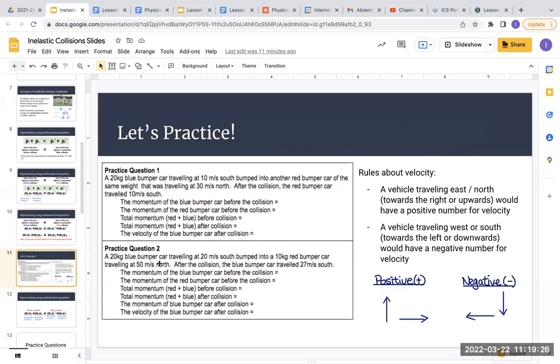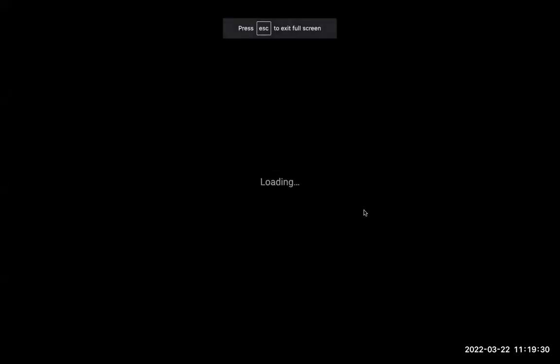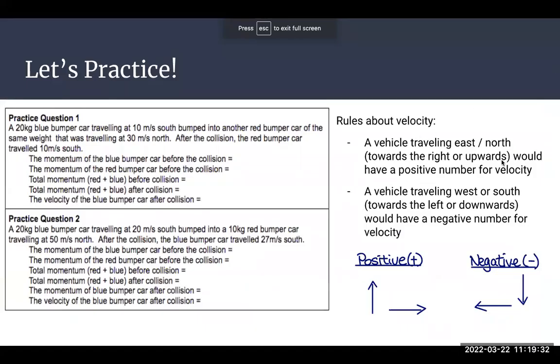There is one rule about velocity though. When an object is traveling east or north, which means towards the right-hand side or upwards on a diagram, then the velocity for that object would have a positive number.